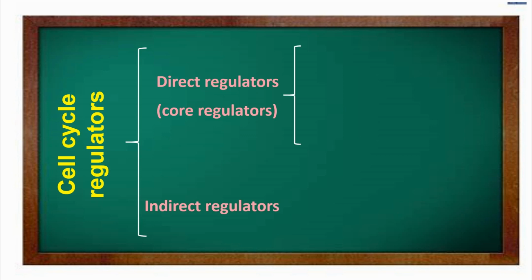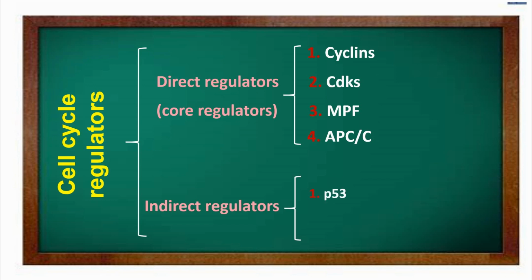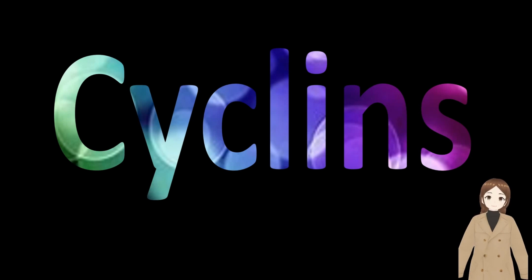Direct regulators can be divided into 5 types: cyclins, CDKs, MPF, and APCC. Indirect regulators can be divided into 2 types: P53 and RB.